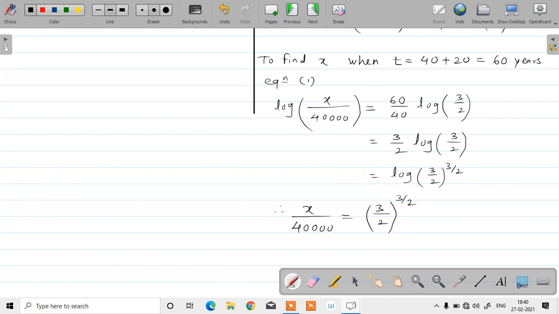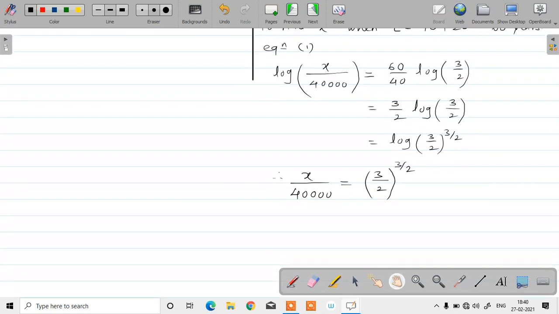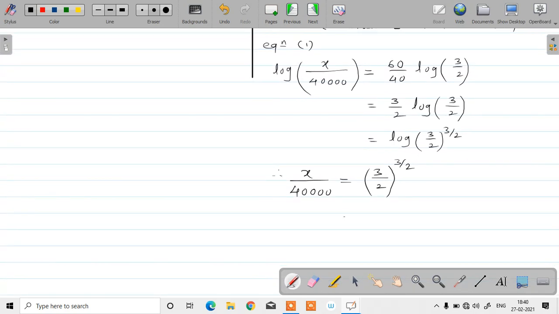Now you have the value of root of 3 by 2, that is 1.22447. So we have to use that value here. So 3 by 2 raised to 3 by 2 means what? The index of 3 by 2 is 3 as well as 1 by 2 also. Index 1 by 2 means it is root of 3 by 2, and its cube.